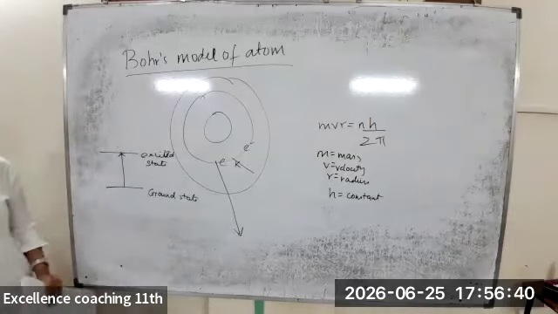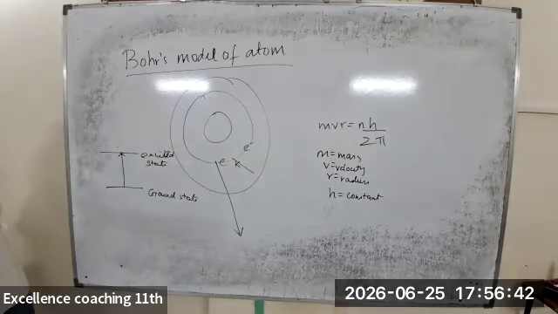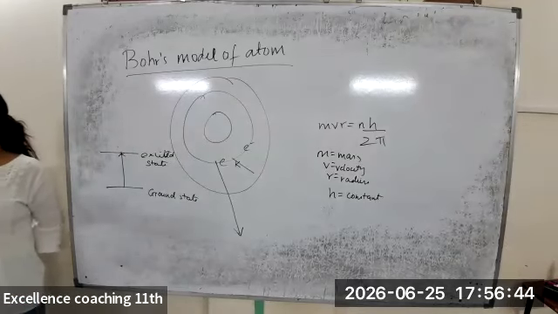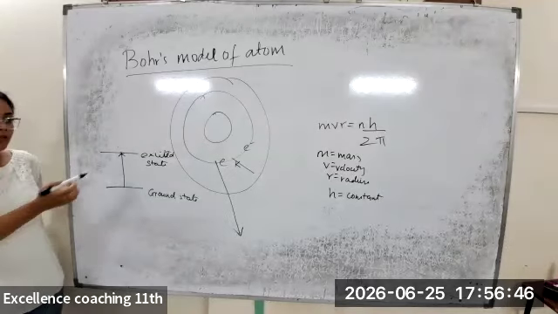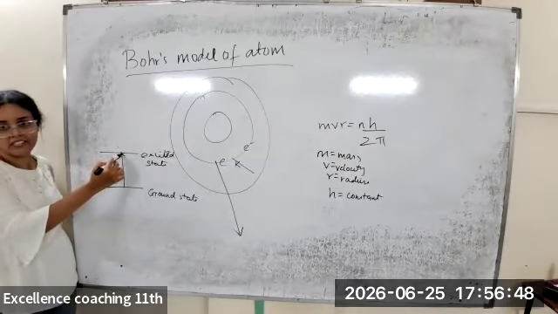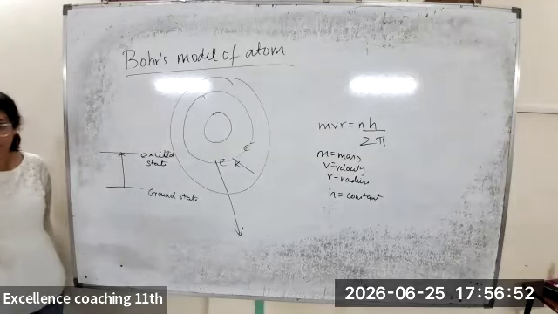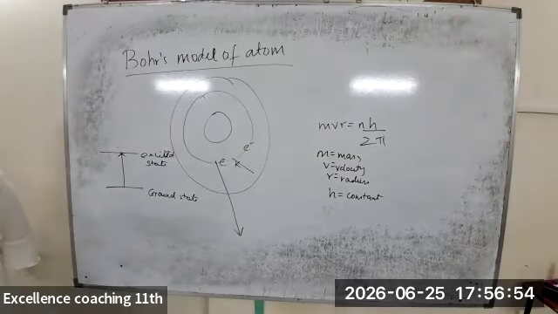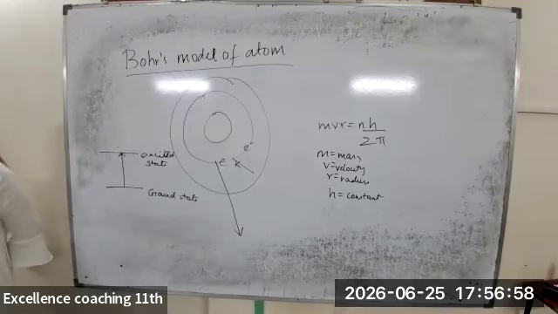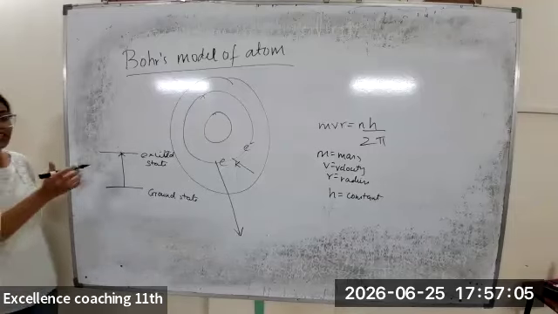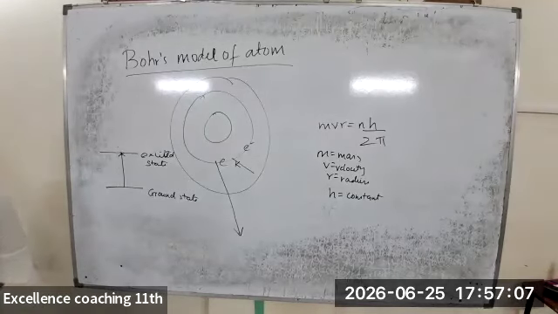So there are two concepts. One is absorption, when the electron absorbs the energy and moves to the excited state. And what is emission? When it gives out the energy. In the process of absorption some amount of energy may be lost, but emission is nothing but the giving out of energy.